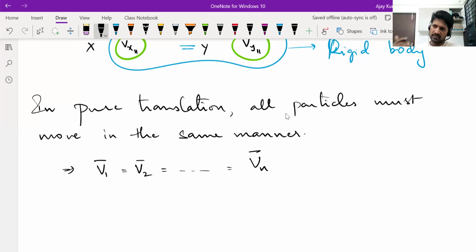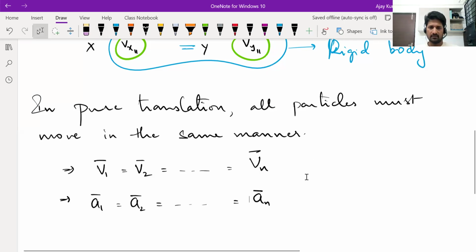Now this velocity can change from one instant to the next instant, but the same change should happen for all the particles. That means their accelerations also must be equal. A1 should be equal to A2 should be equal to so on up to AN. All particles must have same velocities and same accelerations at all times. Okay, that kind of motion is what you call as translatory motion or pure translation.